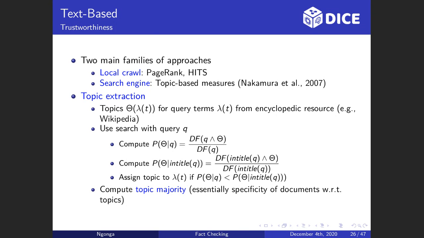And by using these topic similarity scores, you can actually score how trustworthy a document is by basically looking at how likely it really is to be a document pertaining to that topic with respect to a reference knowledge graph such as DBpedia. This is fundamentally the idea here. You measure the topic majority, you say which is the major topic here, how likely is it for a document to have that as a major topic, and how likely is it that that actually matches the topic of my query. All right.